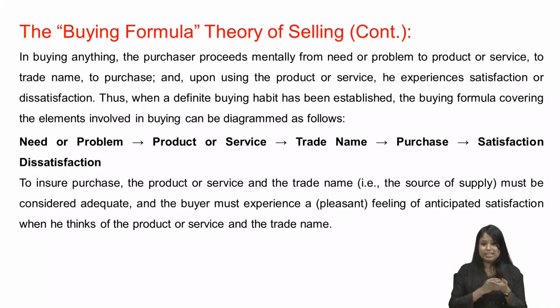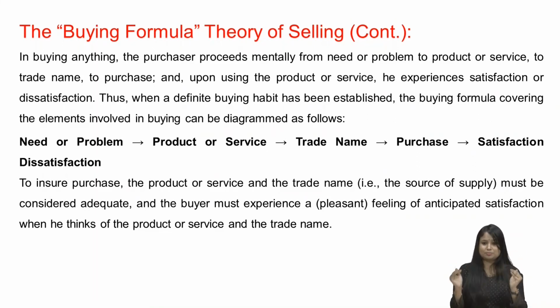First comes need or a problem, then product or service, then trade name, then purchase, then satisfaction. Now there comes dissatisfaction as well, because whether it is pleasant or not pleasant, your customer may get satisfied or not satisfied. So after purchase, satisfaction or dissatisfaction comes.